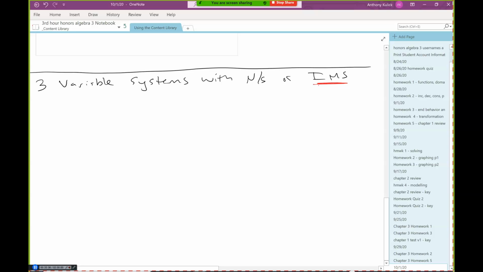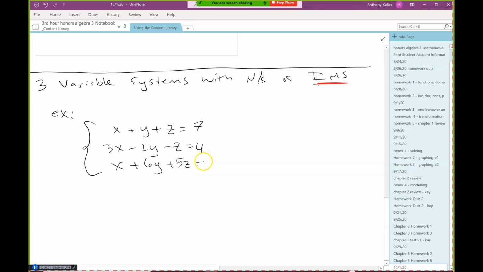So let's say we have the system x plus y plus z equals 7, 3x minus 2y minus z is equal to 4, and x plus 6y plus 5z is equal to 24.